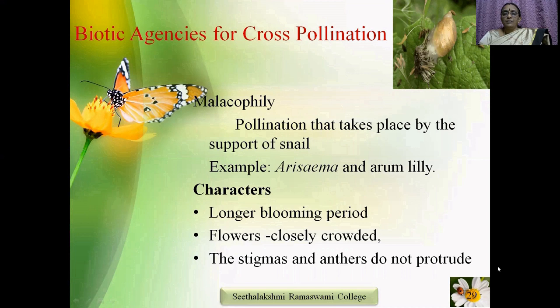Pollination that takes place by the support of snails we call malacophily. Malacophilous plants usually have a longer blooming period than most of the entomophilous class. Some of the common characters of these plants are that they are closely crowded and the stigmas and anthers do not protrude out. Example, arum lily.